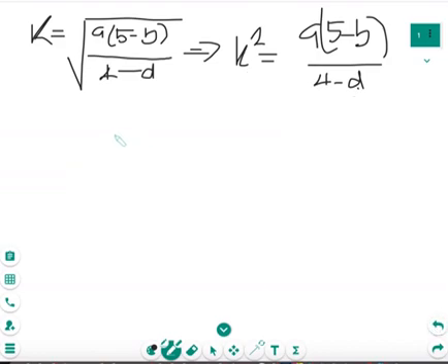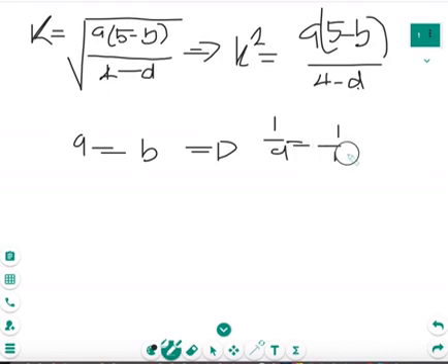If you have a is equal to b, it is the same as 1 over a is equal to 1 over b. You understand? Are you writing it down?